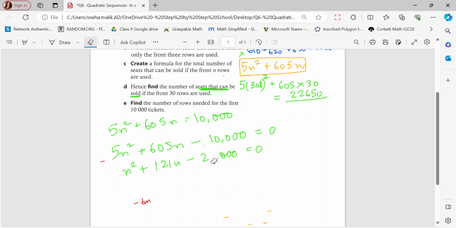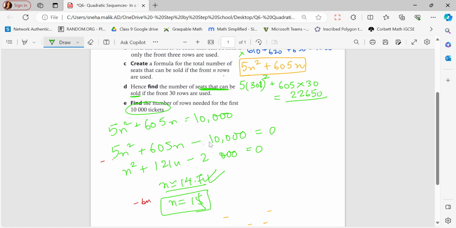Now, I can feed this in my calculator and solve the quadratic, and the calculator gives me the answer around 14.7. That means at 14, I can also put 14 in the answer or 15 in the answer. We are almost nearing 15 rows. It's more than 14 rows, so around 15 rows will be used for 10,000 tickets.